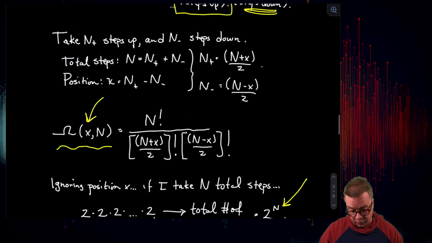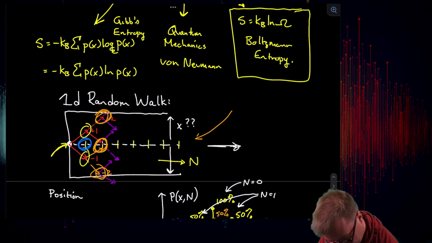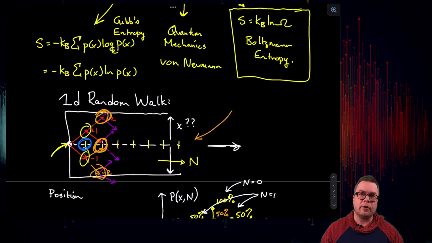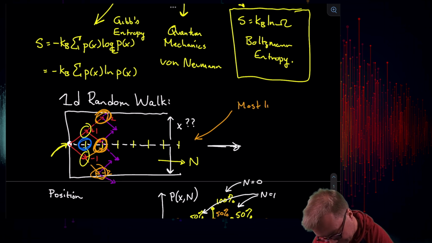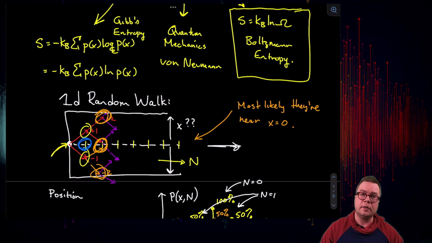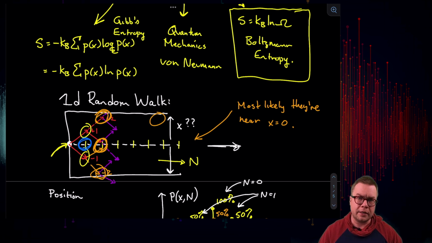Okay, so talking about the person in the alleyway, this person right here, if I was betting money on where they're most likely to be after a certain number of steps, most likely they're near x equals 0. At least according to the statistics, according to the probabilities that we've calculated. Now, is there a chance that they could be way out here? Of course, right? There's a finite non-zero probability that they can be out there. But if I was looking at the most probable place that they would be, it's in the middle of the alleyway.